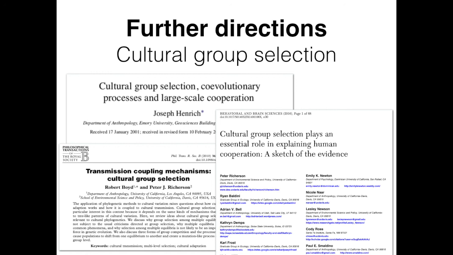But group selection is well established for cultural traits due to the normative nature of human psychology and culture. The model we looked at here is just one approach to understanding how group structure and competition facilitates the evolution of cultural practices. And I've just highlighted a few papers here for further reading.